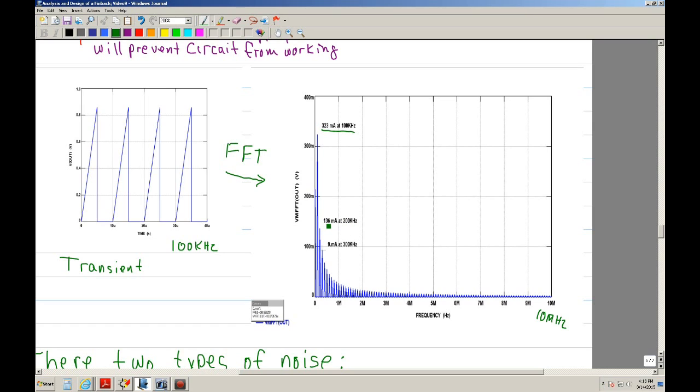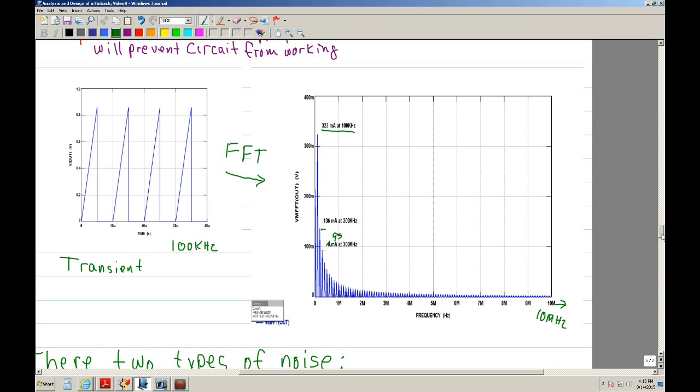You have 136 milliamps. The third harmonic should be 93 milliamps, yeah, it's about 93, at 300 kilohertz and so forth. So if you notice, it's got harmonics that extend all the way even past that.